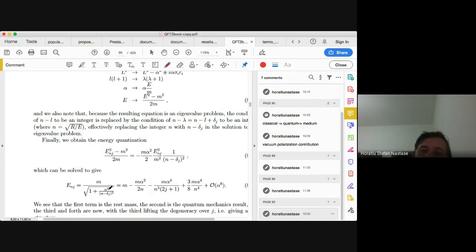Then the next term in the expansion of 1 over square root is minus m alpha squared over 2n. That's just the non-relativistic result, the hydrogen atom in quantum mechanics, minus alpha squared over 2n. And then I get two more terms that are proportional to alpha to the fourth, and then terms of order alpha sixth.